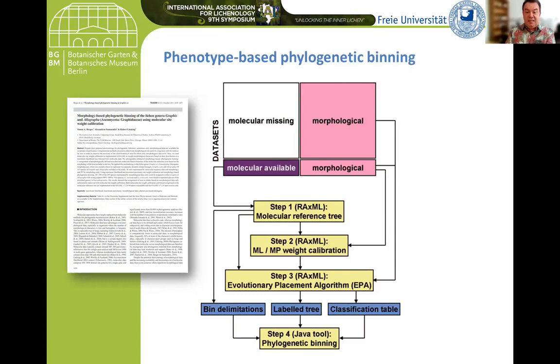And then it places the remaining species based on these weighted characters onto this molecular tree. That gives a good way to predict where species might end up in the tree, even if you don't have molecular data. And all of this works entirely in XML, so it's actually really easy to apply.